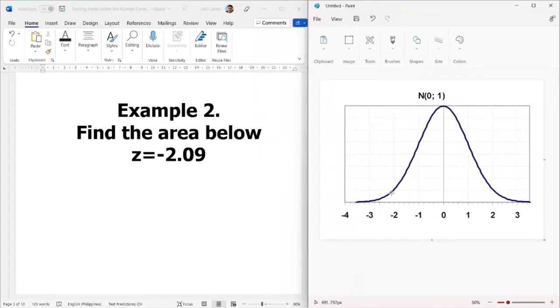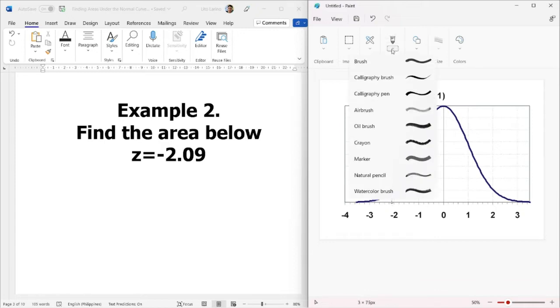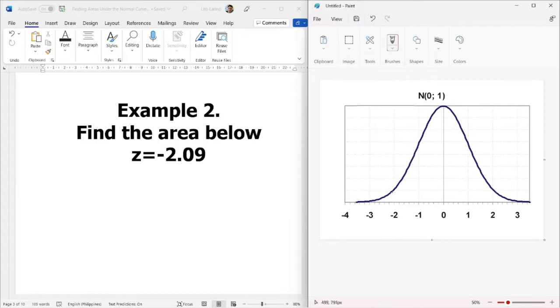Let's say it is located here. And since it states that it is below the given z-score, then we are asked to determine this area, this shaded portion.